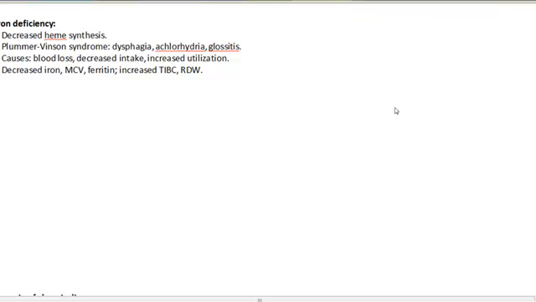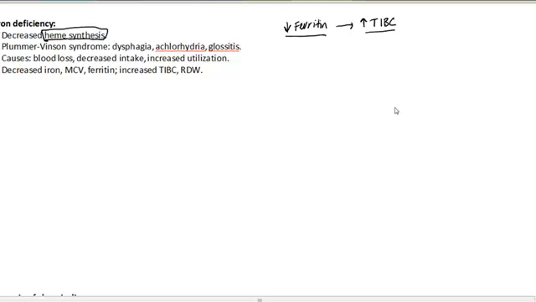So let's talk about iron deficiency anemia. We know in iron deficiency anemia that we have a decreased heme synthesis. So basically, what did I say? As a rule of thumb, every time you have a decrease in your iron stores, and your iron stores are known as ferritin, you are going to have an increase in your TIBC.